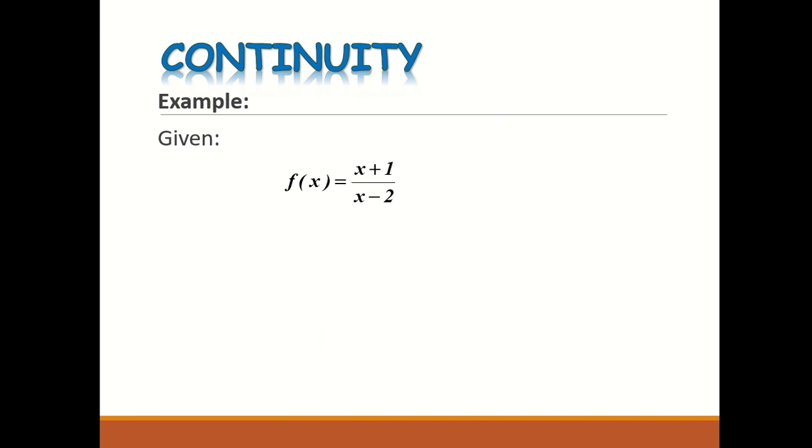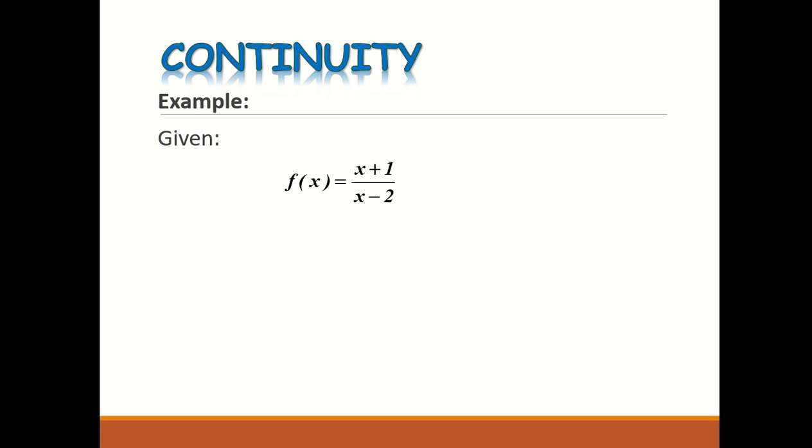So we have here another problem, a rational function. You just try it yourself, class. The technique here is to assume values for x and solve for f of x, and after that you graph. Then you check whether those three conditions are satisfied.